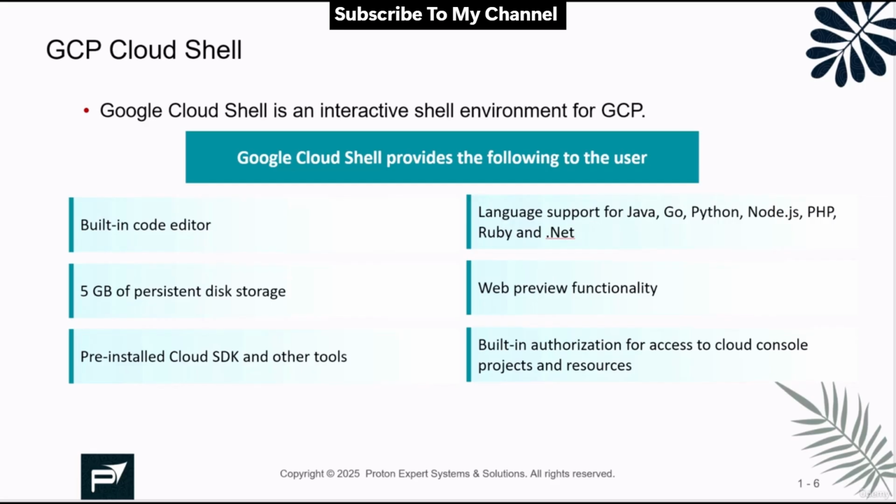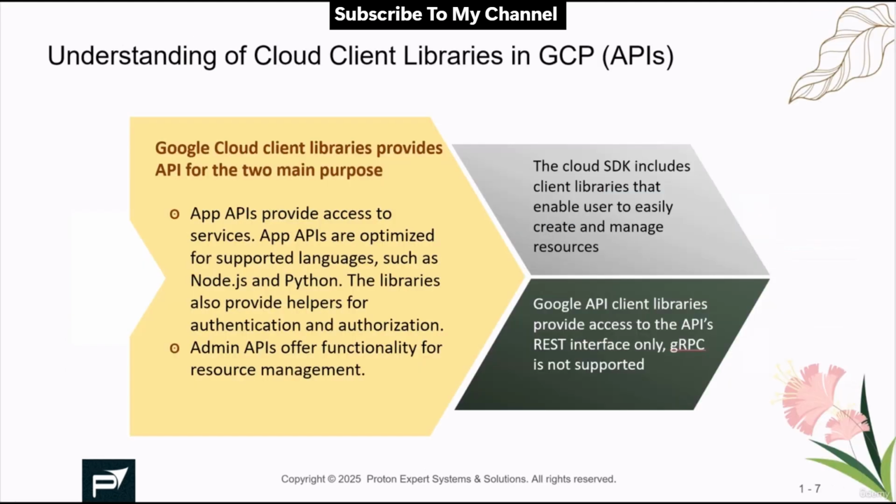Let's understand what is Cloud Client Libraries in GCP. Google Cloud Client Libraries provides API for the two main purposes. App APIs provides access to services. APIs are optimized for supported languages such as Node.js and Python. The libraries also provide helpers for authentication and authorization.